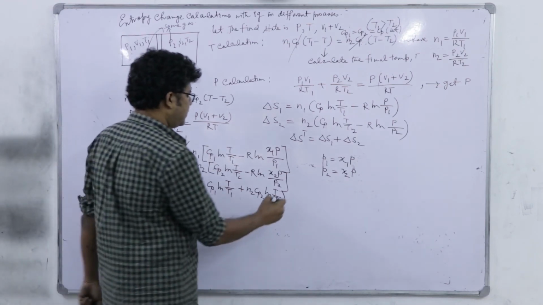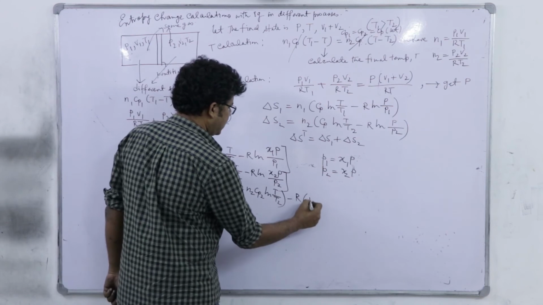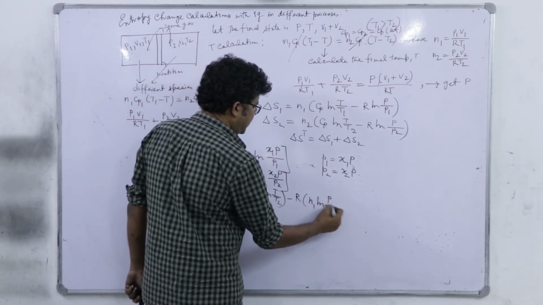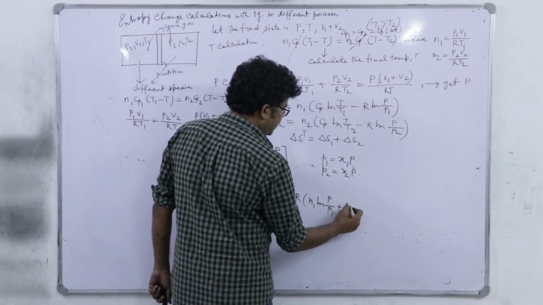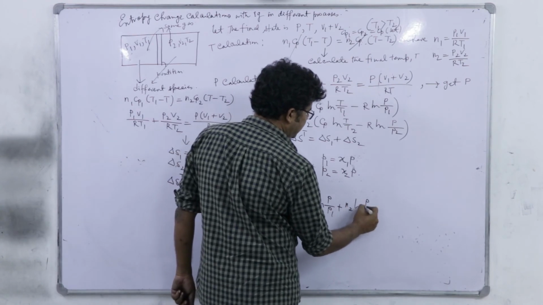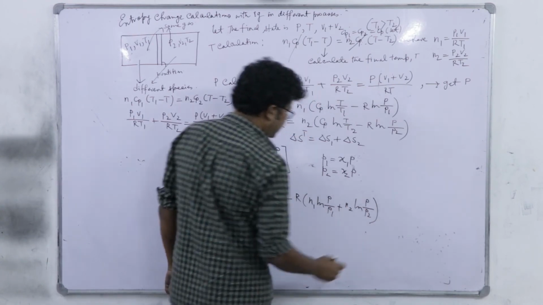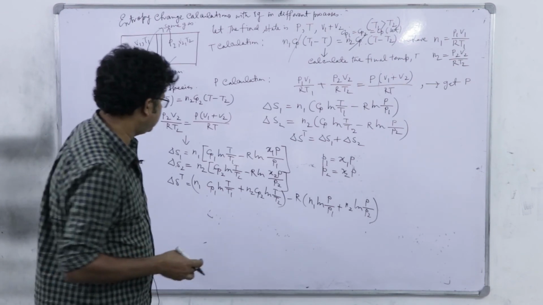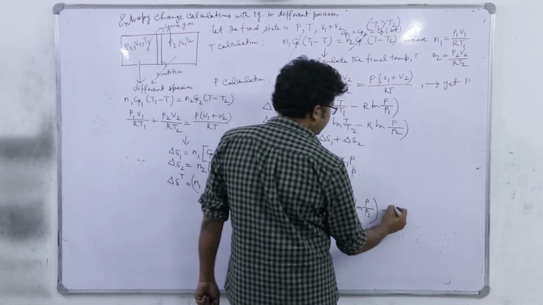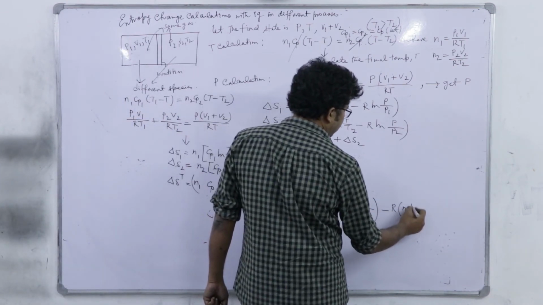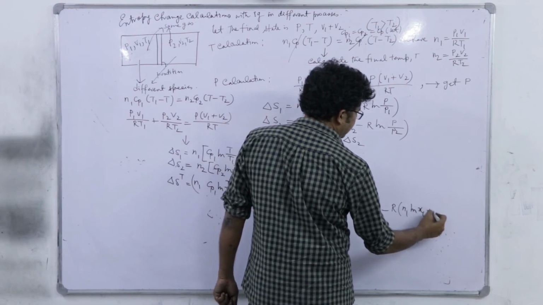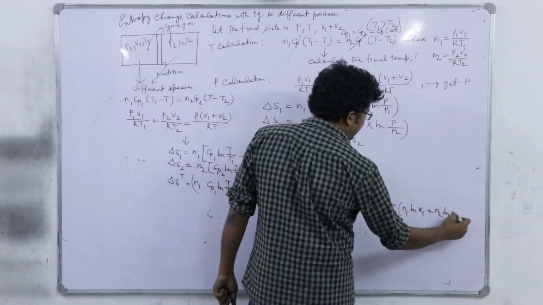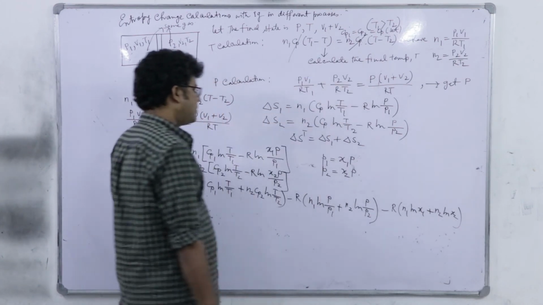Now the pressure contribution: minus R [N1 ln P by P1 plus N2 ln P by P2]. Next, the contribution of mole fraction: minus R [N1 ln x1 plus N2 ln x2].